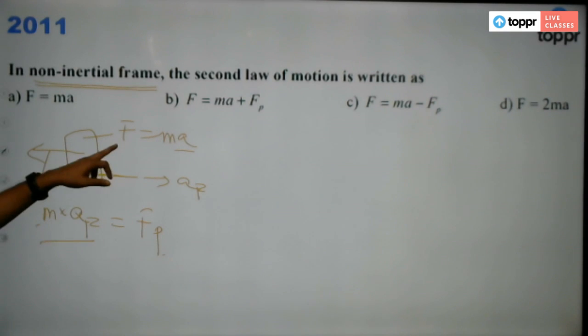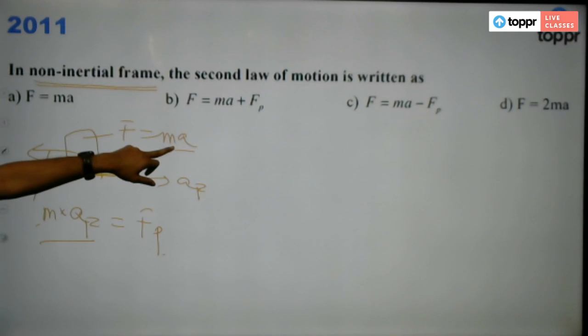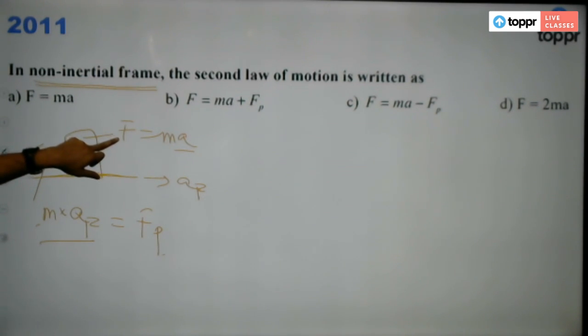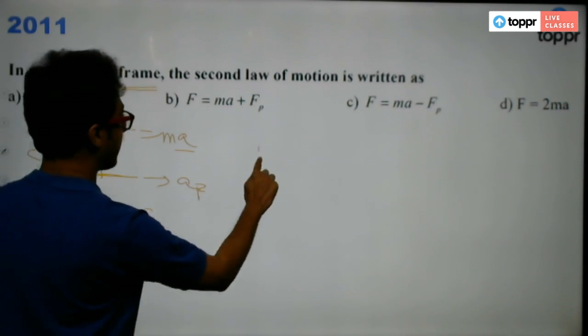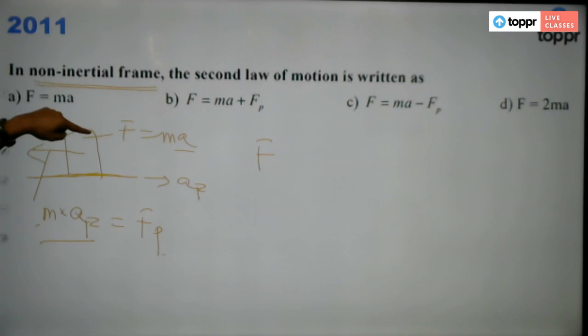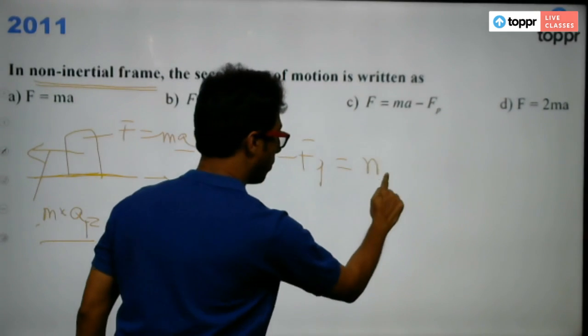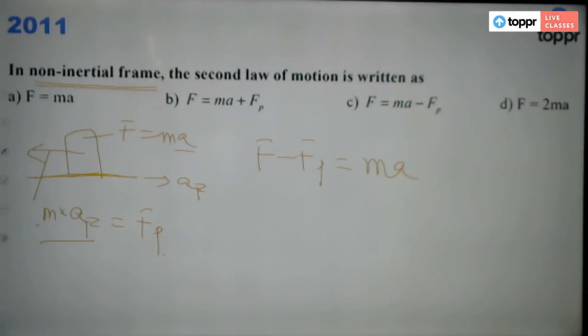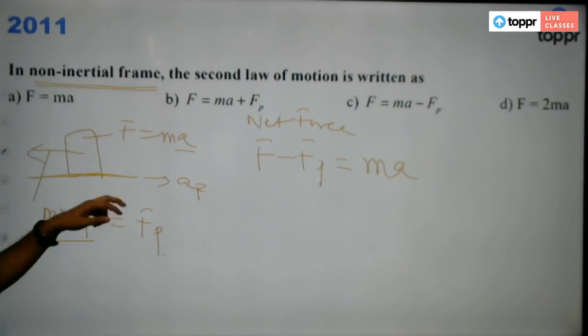Now what happens? The net force is F minus FP, which equals MA.